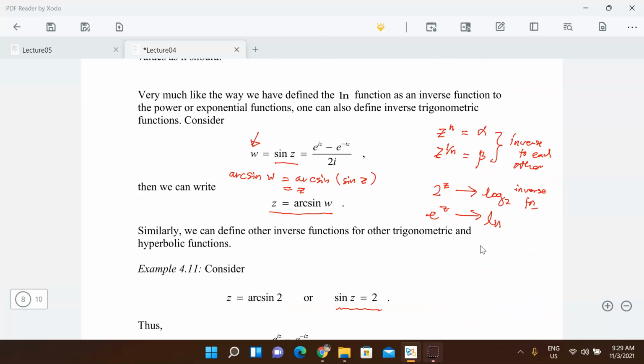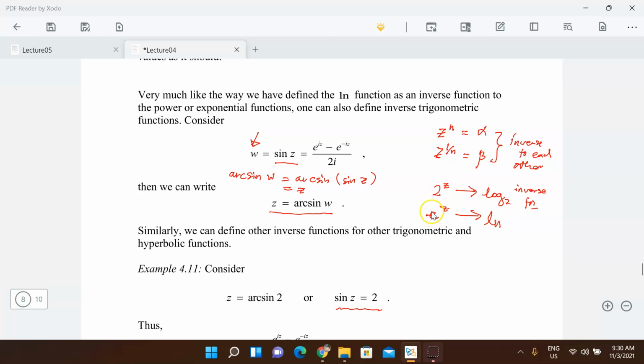And then today, as I mentioned earlier, in this particular section we are doing powers and then the inverse of powers, which is the n-th root, for example. And if your complex variable becomes an exponent, then one should be talking about the log. So if it's 2 over here, then it will be log base 2.